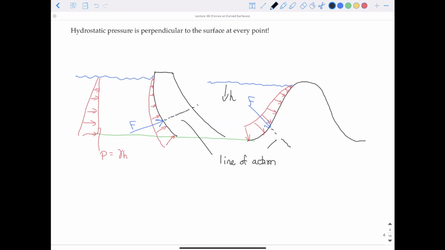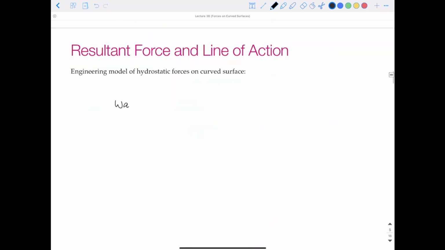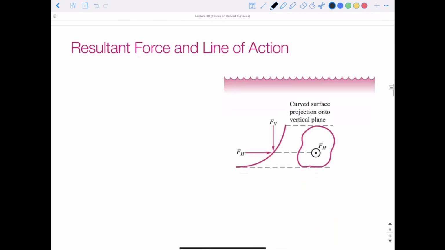So we're basically looking for that equivalent force, the resultant force, and the line of action. So we want to find the resultant force F and the line of action. Okay, a lot of material on that slide.